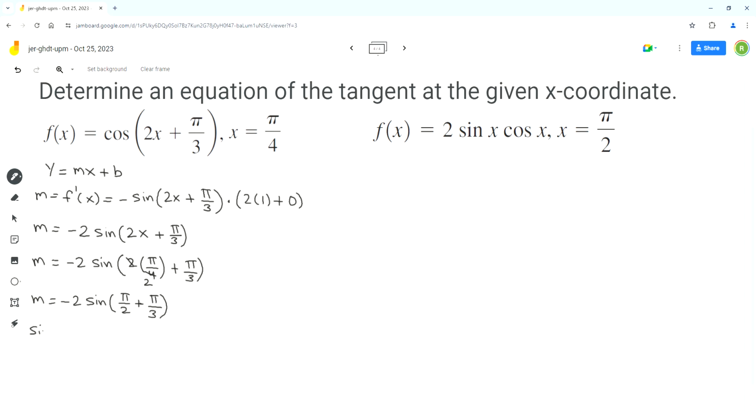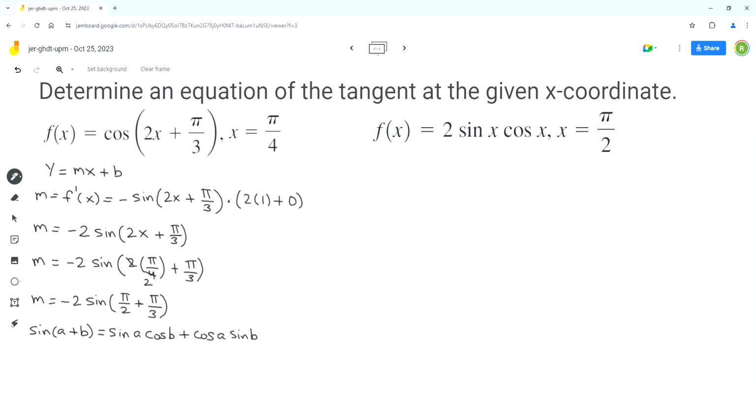sine of (a plus b) equals sine a cos b plus cos a sine b. So this is the identity we have to use.